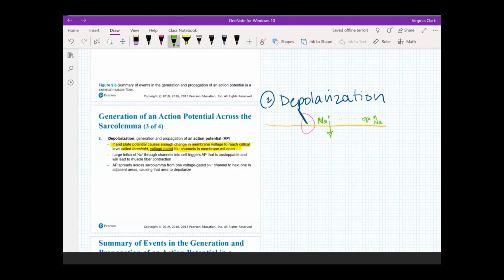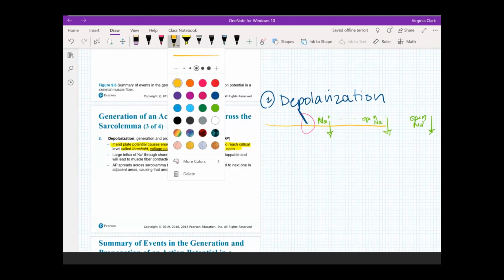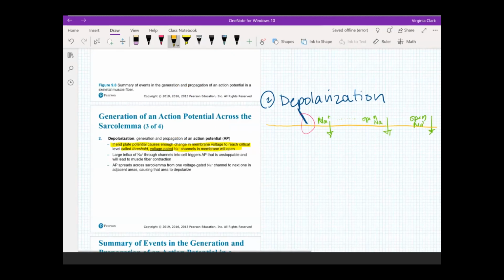And if we open the sodium channels, guess where sodium will go? In. Then that will travel further down, and we'll open more sodium channels. So this depolarization will travel down the length of the muscle fiber, and it will be due to a large influx of sodium that is unstoppable. It will cause a muscle fiber contraction.